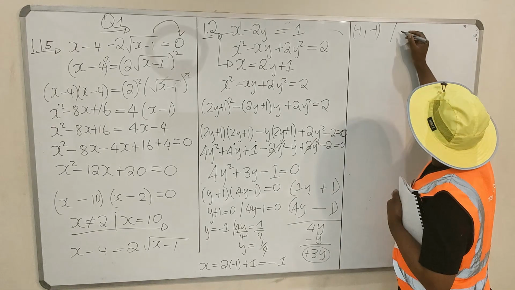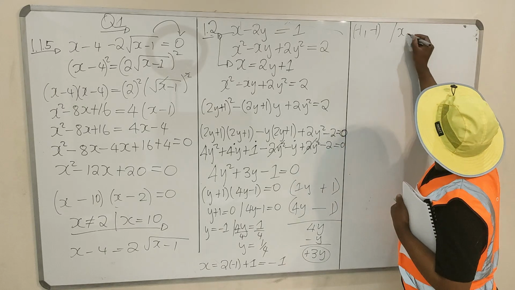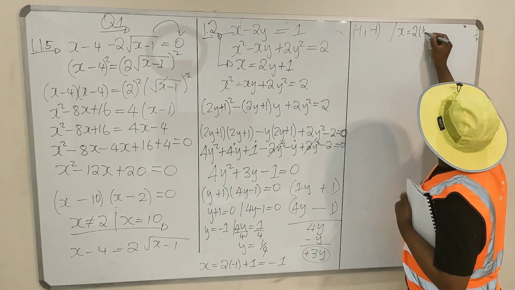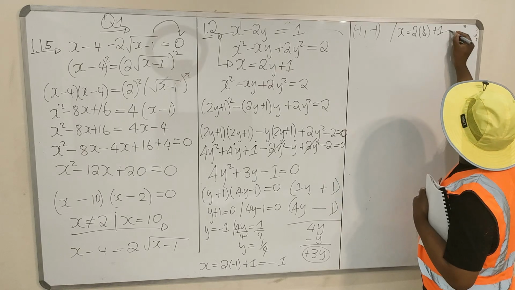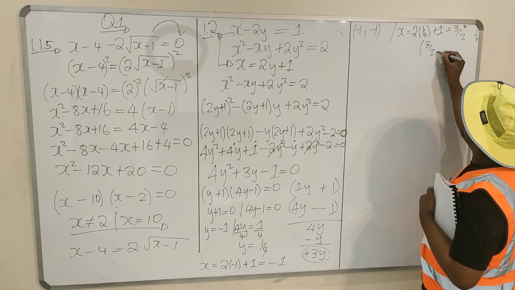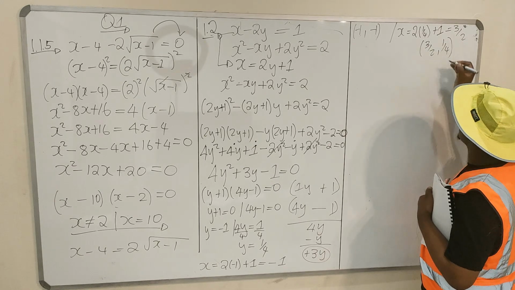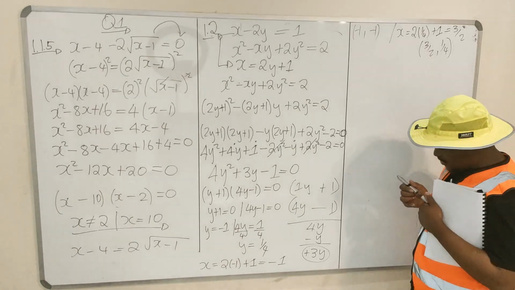Then, if your y is 1 over 4, your x is equal to 2 times 1 over 4, which is half, plus 1, which is 3 over 2. The coordinates are 3 over 2 and 1 over 4. And you're done. So this is how you do this.